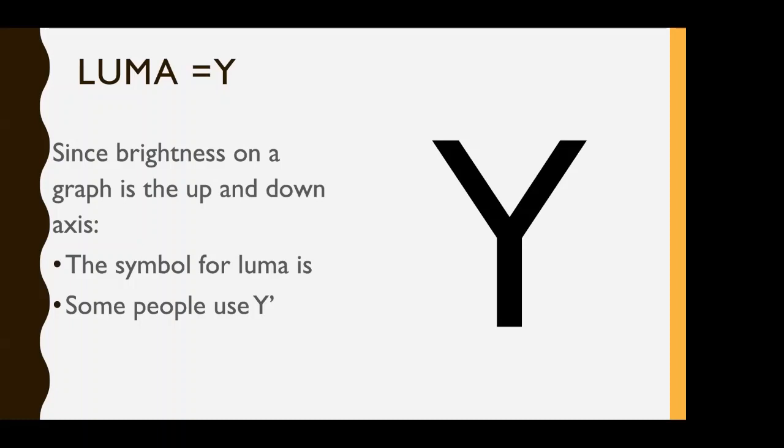If you're not a mathy person, don't worry about it. It's still Y. Now, some people use Y apostrophe, those are the people who argue that luma and luminance are two different things. To them, luma is Y apostrophe and luminance is Y. I've just put it out there as a fact, but don't worry about it. Just use Y.